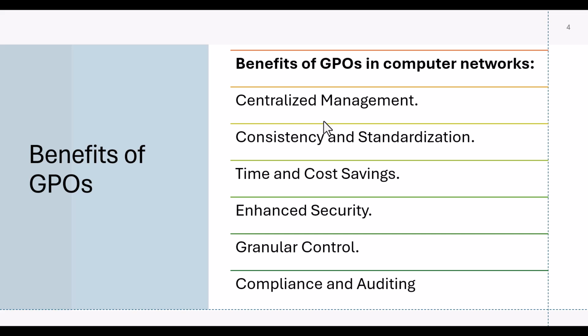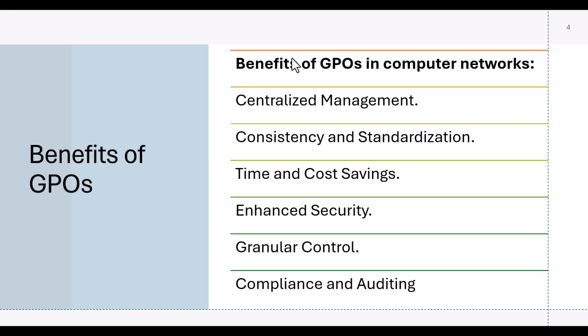The benefits of group policy objects are that they help us in terms of centrally managing settings across users and computers in the Active Directory domain. It allows administrators to define and apply configurations from central locations, and it simplifies the administration process and ensures consistent settings across the network.